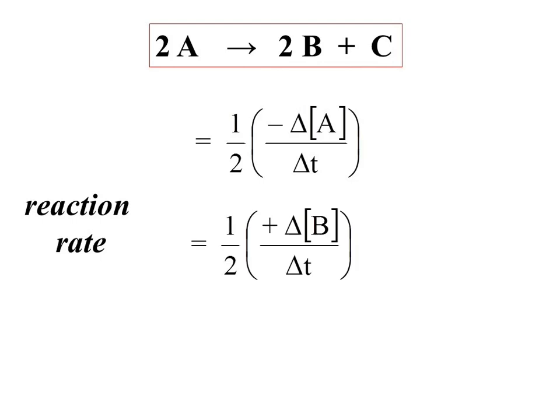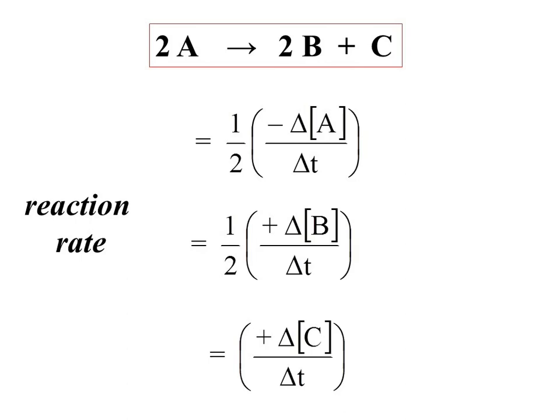The real rate, if you're tracking B, okay? If you're tracking the rate of change of B, that's fine. You don't have to take it times -1 because it's a product, it's increasing anyway. But you have to divide by the coefficient of 2 or multiply it by 1/2. It's the same thing. The real reported reaction rate, if you were tracking the change in C, guess what? Wouldn't have to do anything to it. You could report that as the real reaction rate.